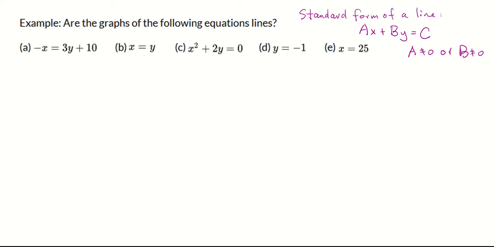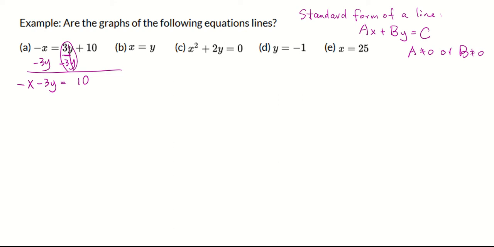We can move the 3y into the left side of the equation. So that will give you on the left side negative x minus 3y. Notice we can't combine like terms here because they are not like terms. Equals, these two cancel out, equals 10.